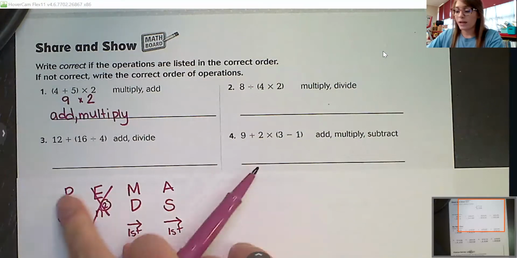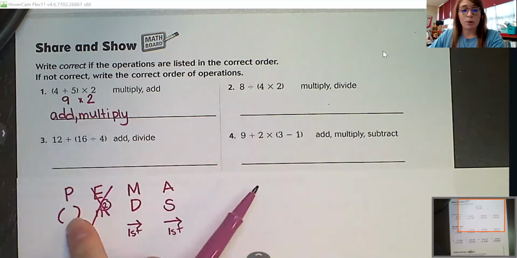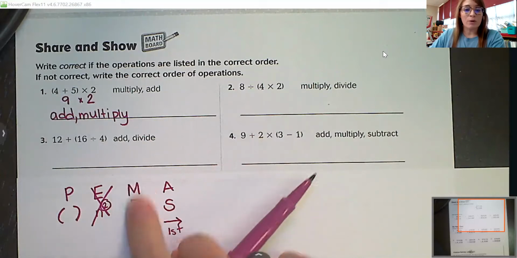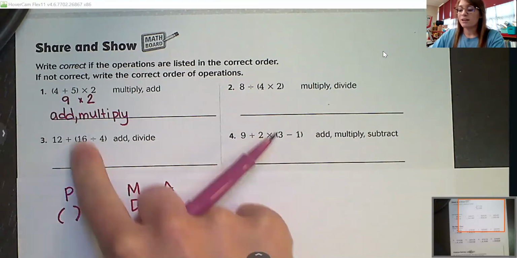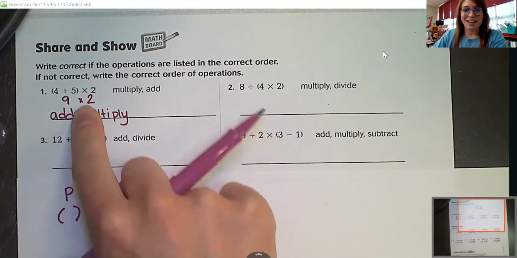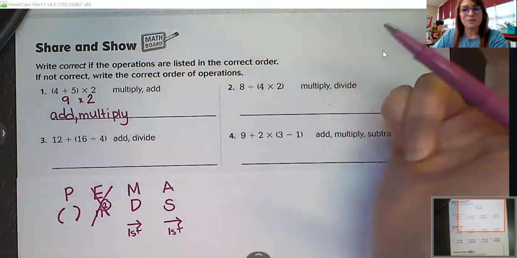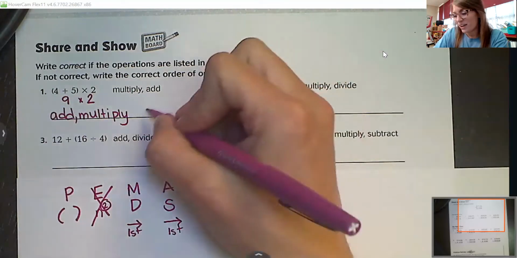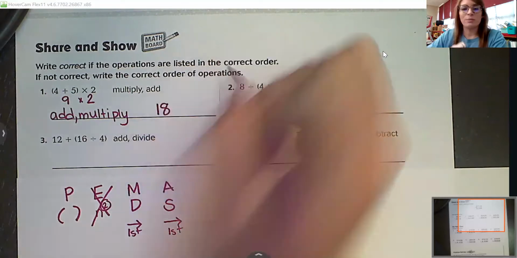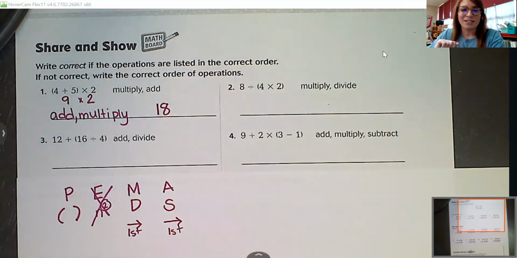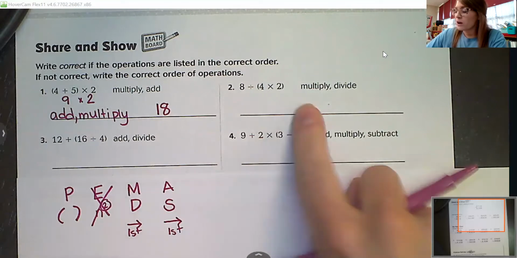So now we can move on in our next step. There's no more parentheses. So now we're moving on to multiplication and division, and we see we only have multiplication left. 9 times 2 equals 18. Very good. So our answer would be 18. Awesome job. Let's move on to number 2.